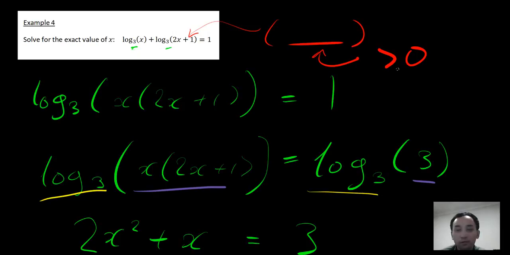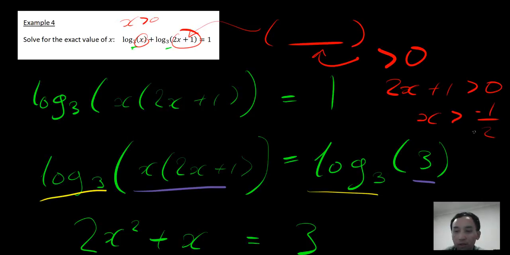And actually, it's also undefined if it's negative as well. It has to be a positive number. So, two criteria over here. One is that x must be greater than 0 for the first x. For the 2x plus 1, you can solve the inequality. So 2x plus 1 has to be greater than 0. And this means that x must be greater than negative 1 on 2.